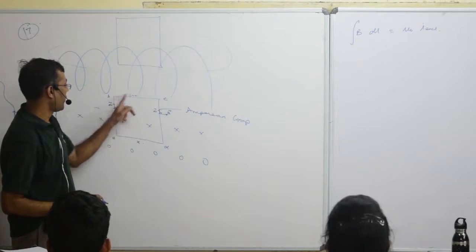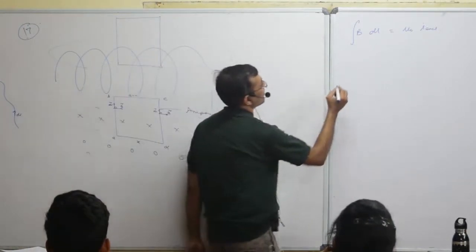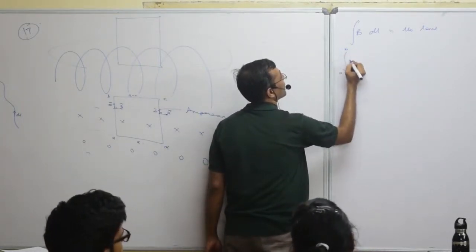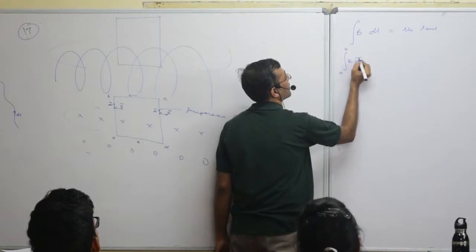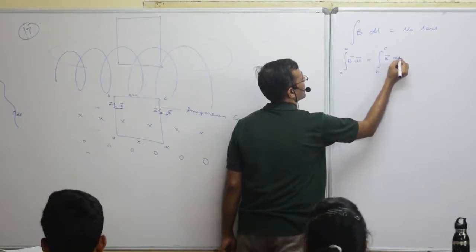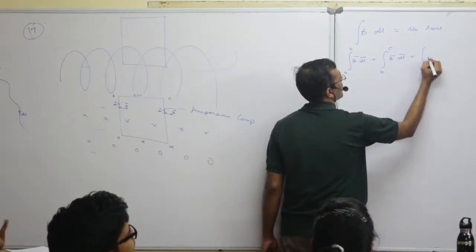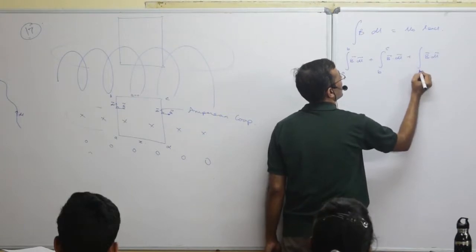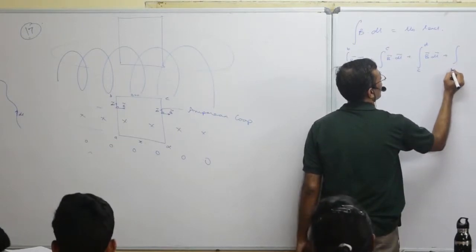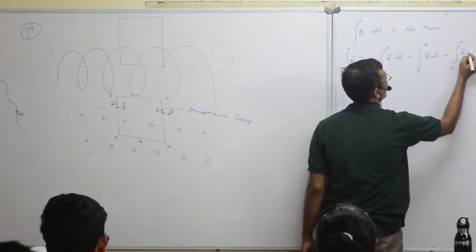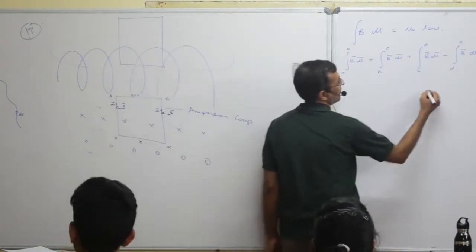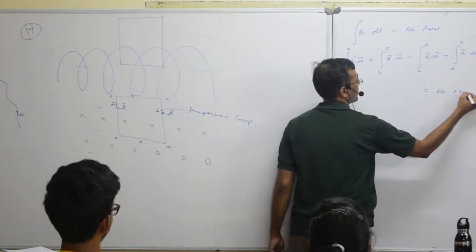If I want to add all these things, the way I should write this is integral of A to B, B dot dl, plus integral of B to C, B dot dl, plus integral of C to D, B dot dl, plus integral of D to A, is equal to mu naught I enclosed.